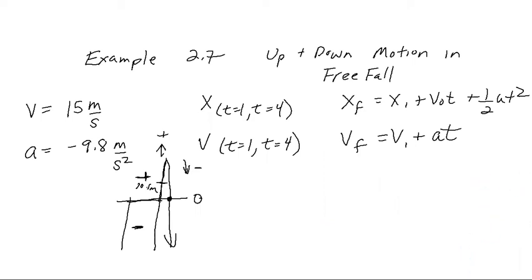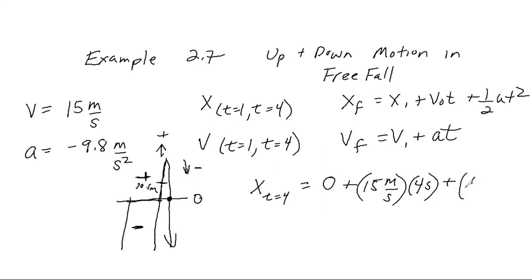So for position, x at t = 4. Once again, we're calling that initial position 0. Our initial velocity is 15 meters per second times 4 seconds, plus 1/2 times a negative 9.8 meters per second squared times 4 seconds quantity squared.